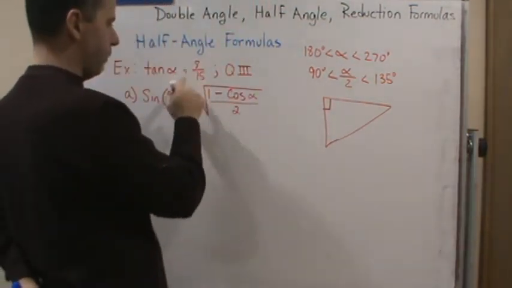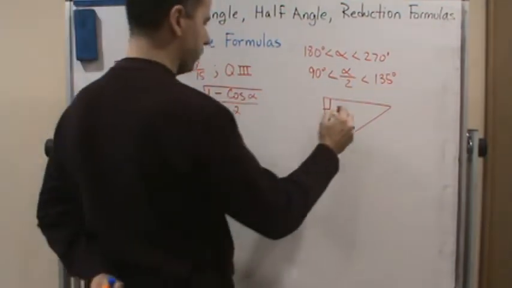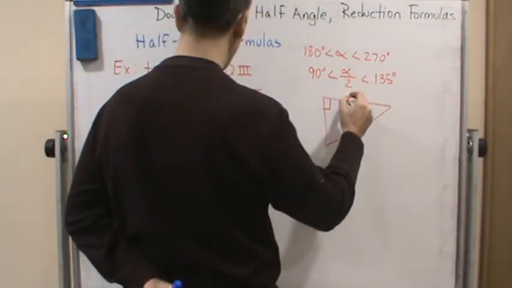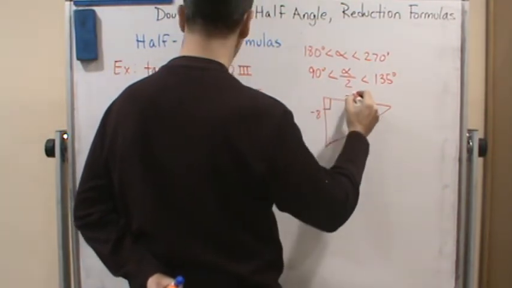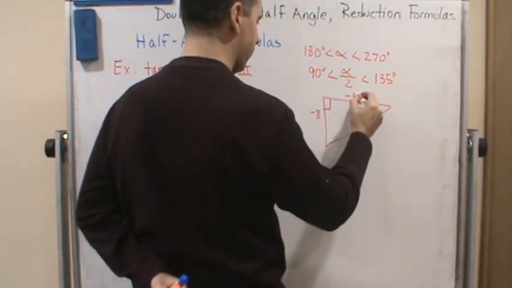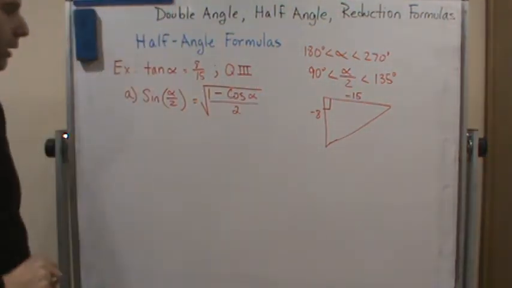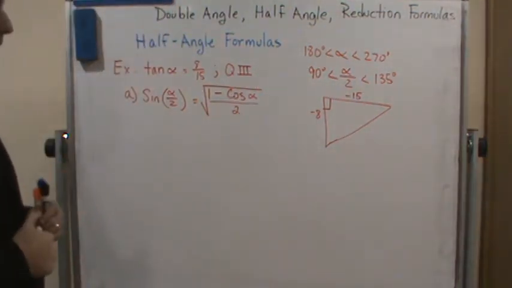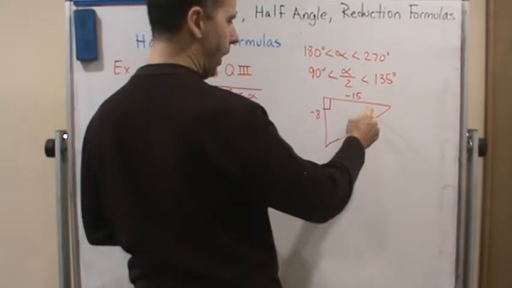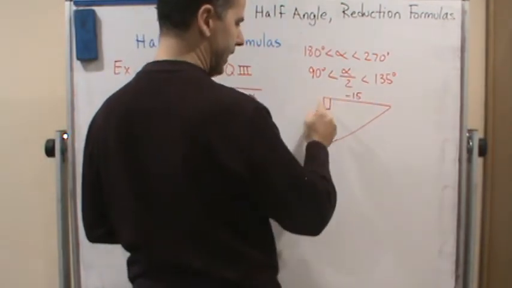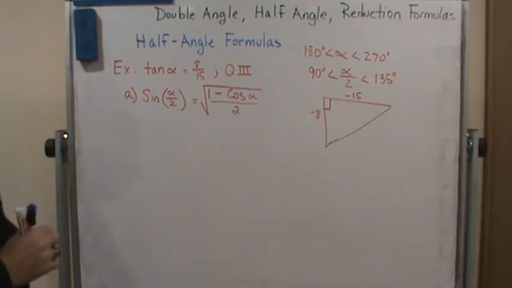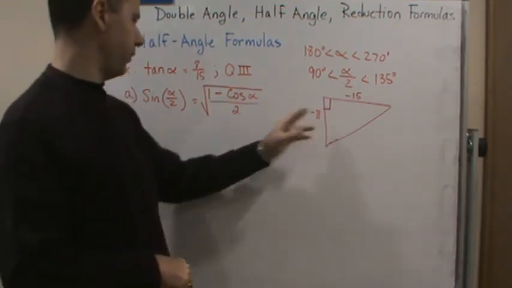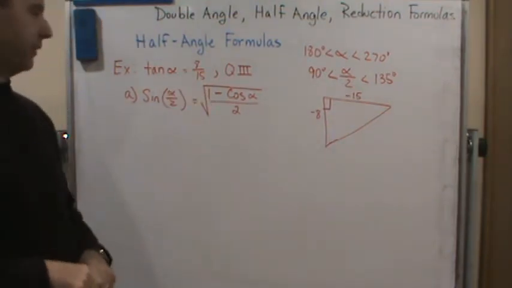Tangent is opposite over adjacent, so it's going to be negative 8 and negative 15. Why negative 8 and negative 15? Because we're in the third quadrant, where x is negative and y is negative. If you take the ratio of those two, you get positive 8/15.